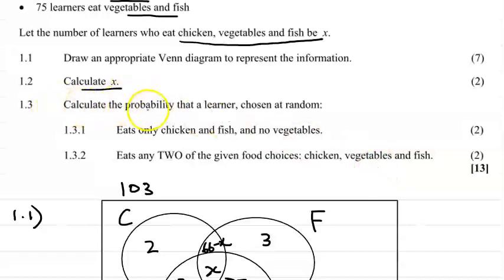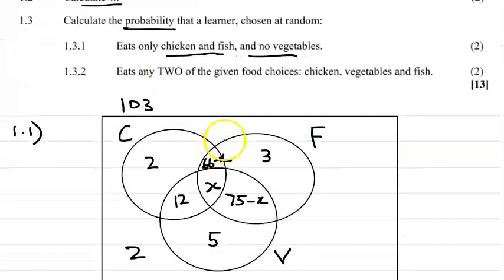In 1.3, it says calculate the probability that a learner chosen at random eats only chicken and fish and no vegetables. When we're calculating probability, remember that in Venn diagrams, we are going to look at the number of possible outcomes for that event to occur over the total number of outcomes in our sample space, which is going to be 103.